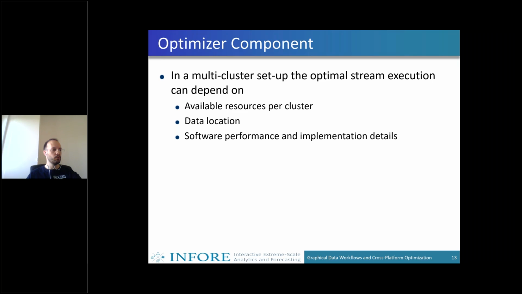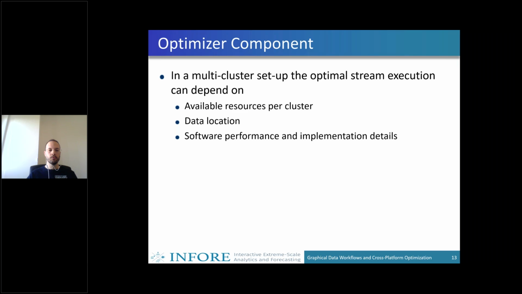For example, obviously, what resources are available, how many nodes each cluster has, how much memory is available, how many CPUs are available, and how many different parallel tasks can be executed. And of course, where the data is located. It does not make sense to have a very fast cluster if the data first has to be shipped via the internet to it, so you have a large lag for the data transfer.